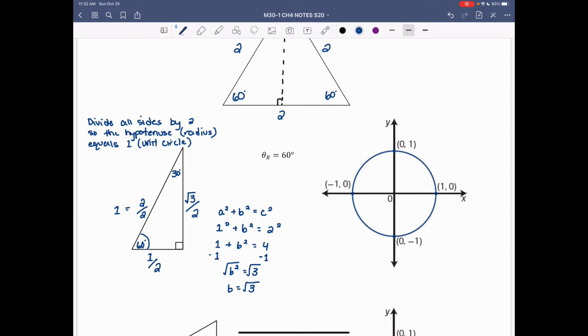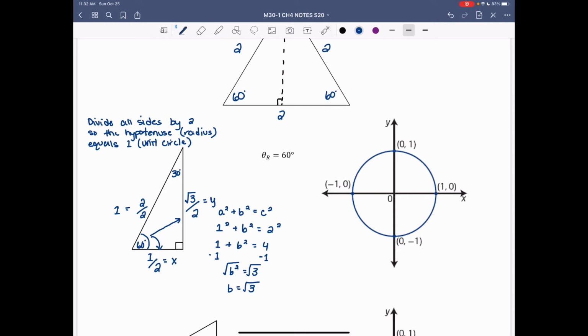The side opposite from 60 is the vertical measurement, which is the y value on the Cartesian plane, and the side adjacent to 60 degrees is the horizontal measurement, which would be the x value on the Cartesian plane.